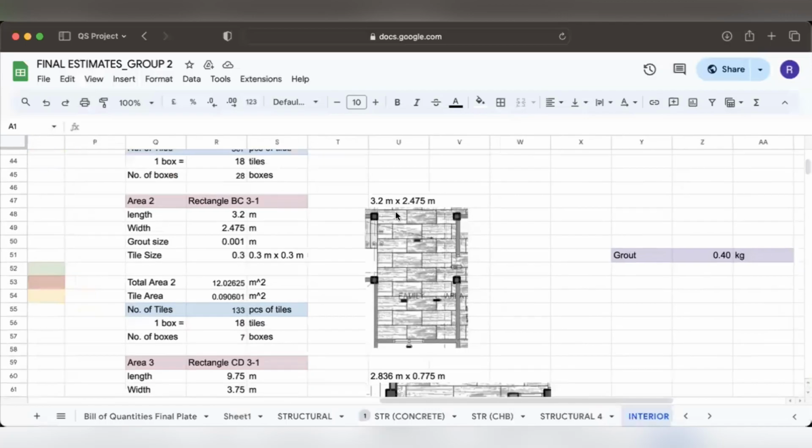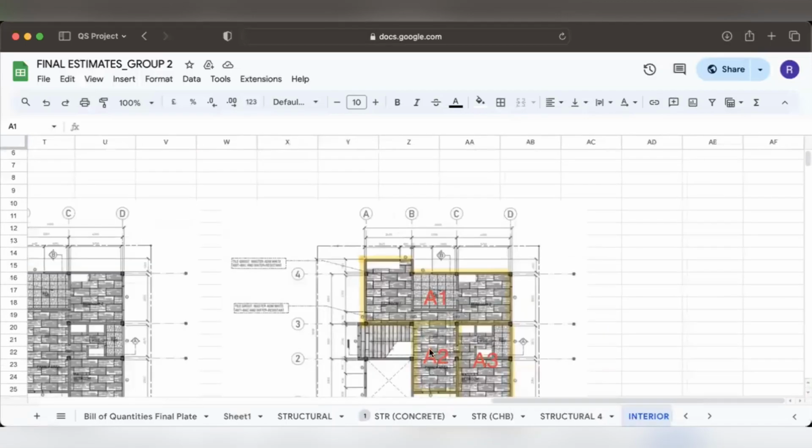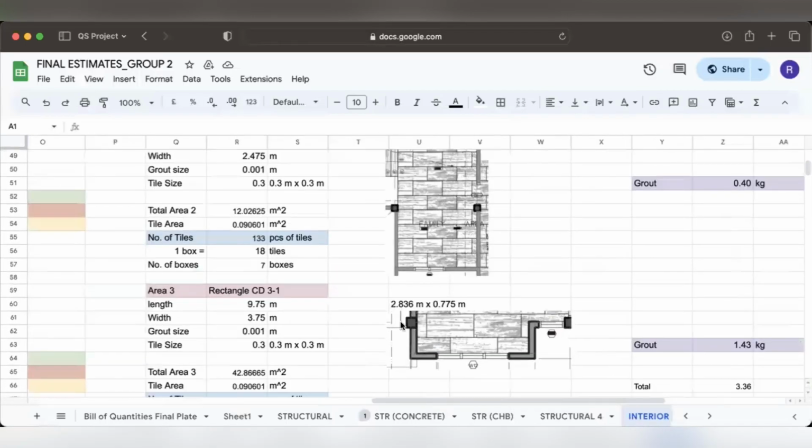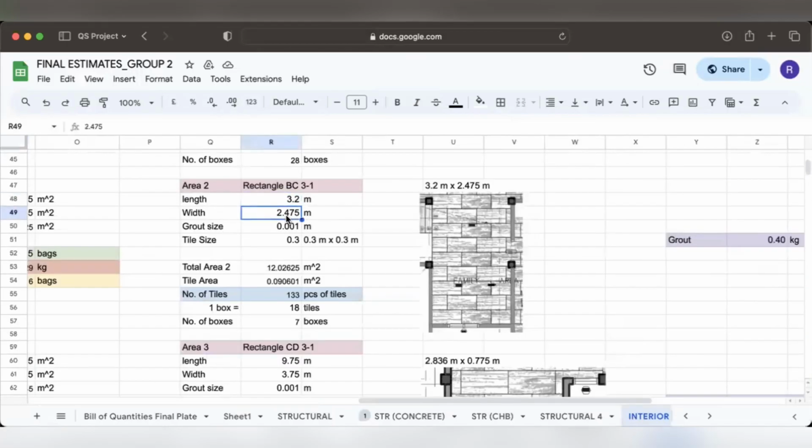So for area 2, this area of the second floor, we have a length of 3.2 meters, a width of 2.475 meters, the same grout size and tile size. We have a total area of 12.02625 square meters and a tile area of 0.09 square meters, creating this total area divided by the tile area. We have 133 pieces of tiles catering 7 boxes.